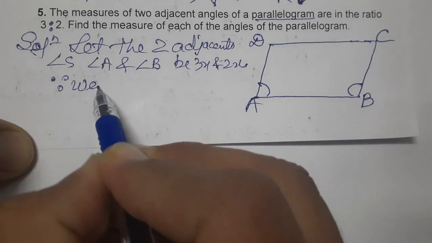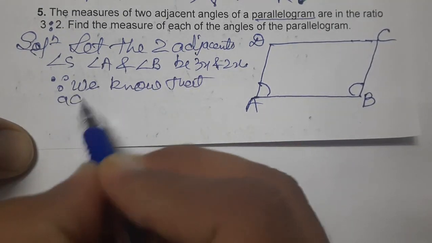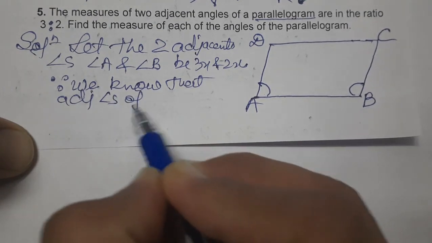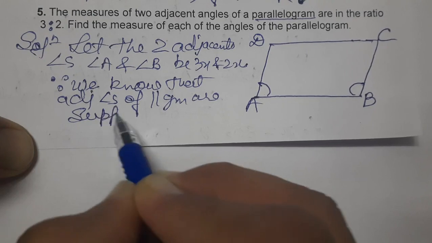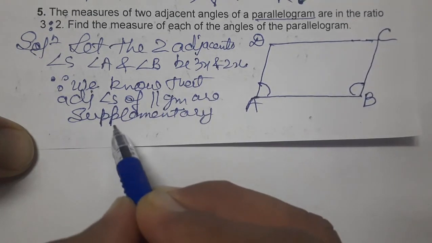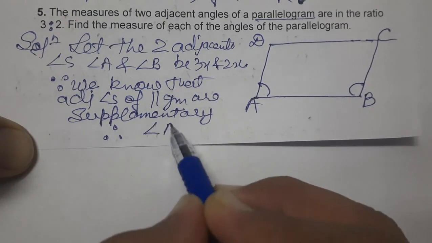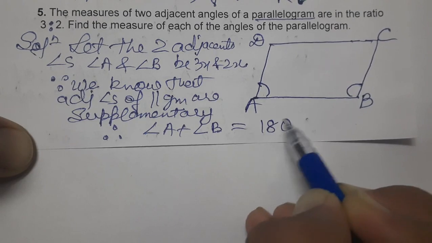Since we know that adjacent angles of a parallelogram are supplementary, therefore angle A plus angle B equals what? 180 degrees.